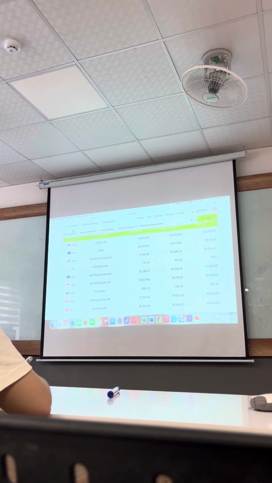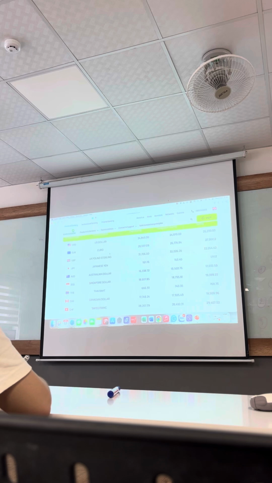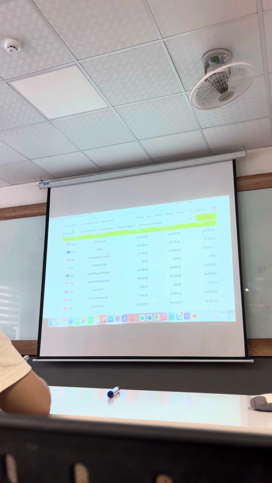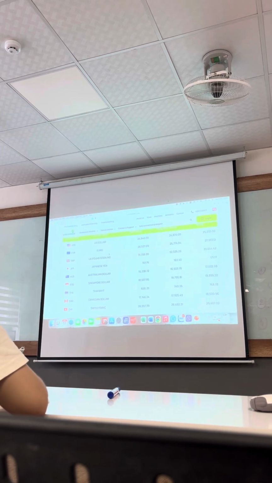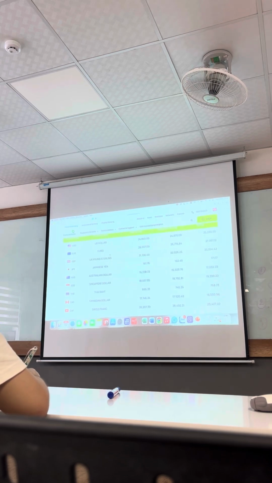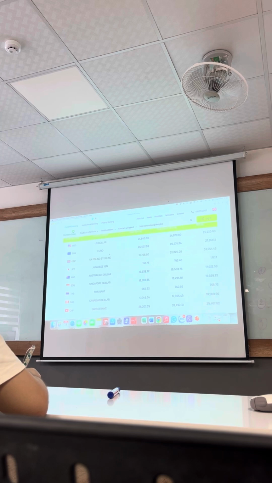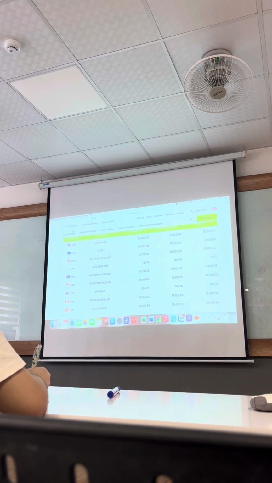With that definition, what rule in macroeconomics will the exchange rate follow? Yes, supply and demand. And what does the supply and demand rule say?